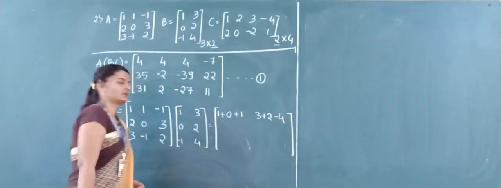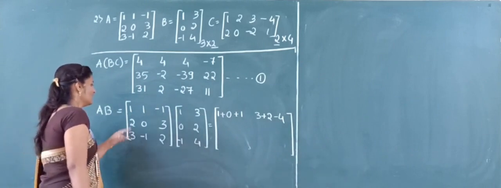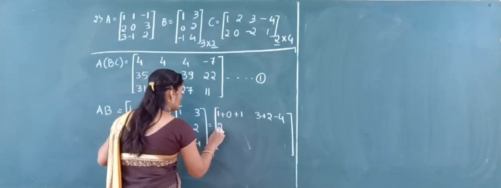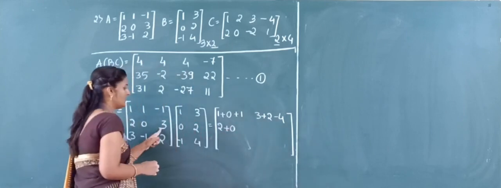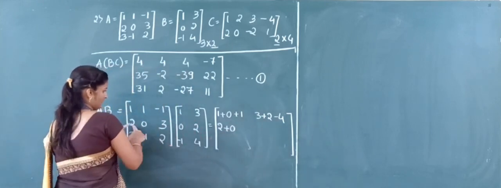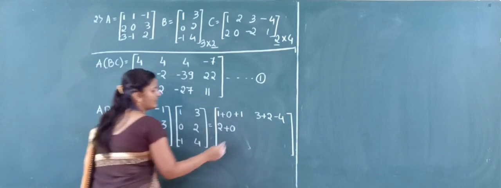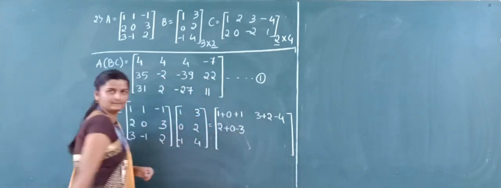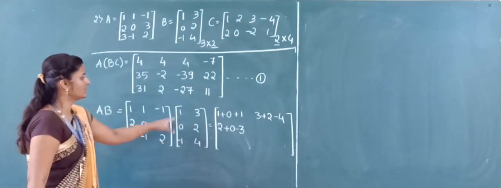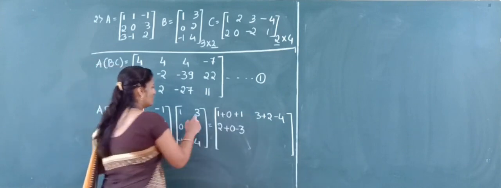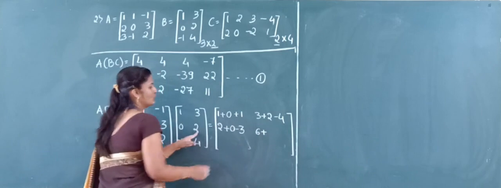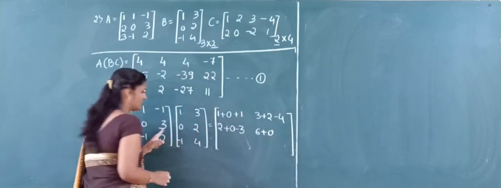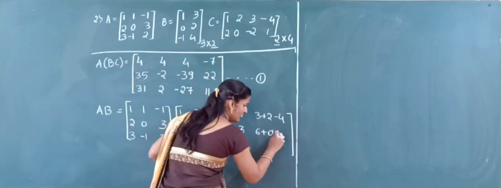First row is over. Next, move to the second one. 2 into 1, 2, 0 into 0, 0, 3 into minus 1 is minus 3. Next, 2 into 3, 6, 0 into 2, 0, 3 into 4, 12.